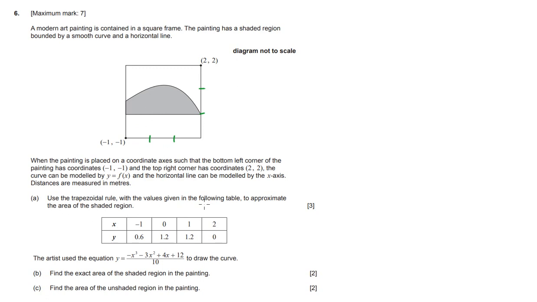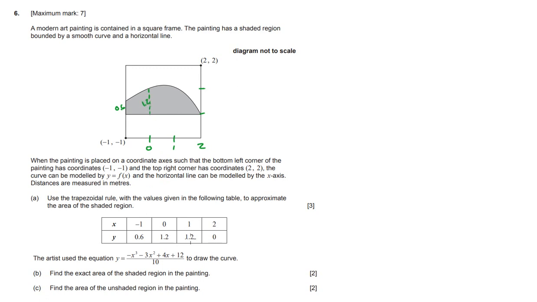This is kind of the handy part here. This table says that when x is -1, which is -1 right there, there's 0, there's 1, and there's 2. When x is -1, it says that y, this y distance right here, is 0.6. So this is 0.6 right here. And then it says when x is 0, this distance right here, that distance is 1.2.